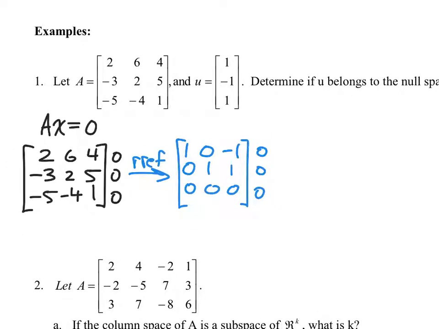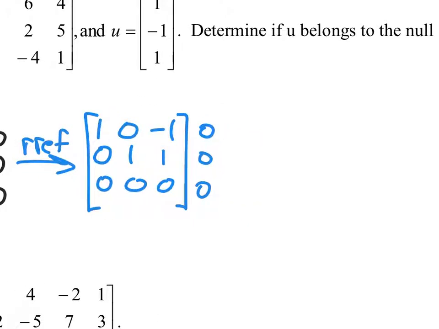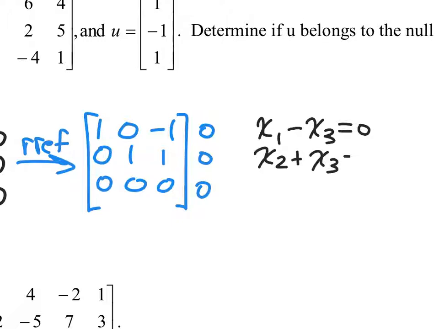All right, so I could write this, I mean, there's an implied x here. Even though I wrote Ax equals 0, I didn't show the step of defining my vector x equals x1, x2, x3. So I'm kind of hand waving around it, but this is really the same as saying x1 minus x3 equals 0, x2 plus x3 equals 0, and then we have the free variable x3 equals x3.